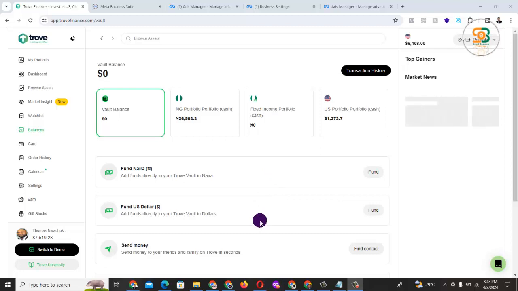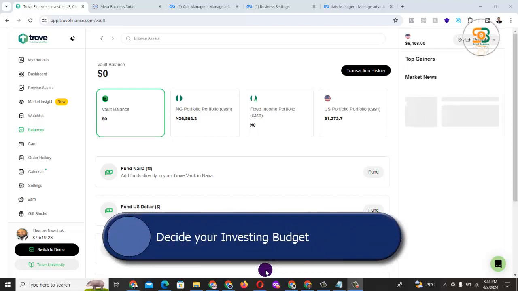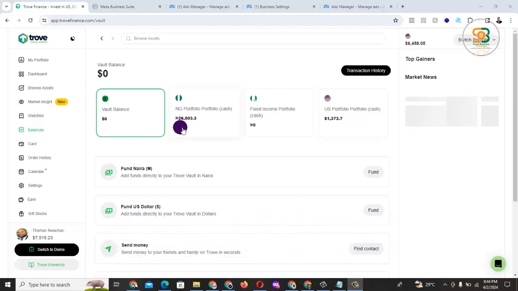So the first thing you do when you are investing is to decide how much you want to put out for your investment. It is very important for any investor. You must know how much you want to invest in any particular platform. For instance, you have 1 million that you want to invest, or you have, like what I have in my platform right now, $1,300, and in my NG portfolio I have 26,000 naira, and you want to start buying either local or foreign stocks.